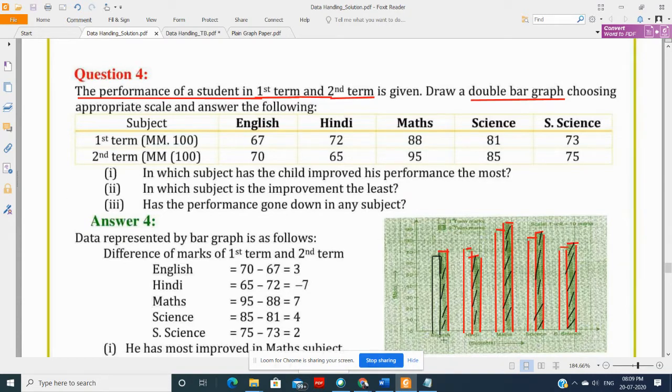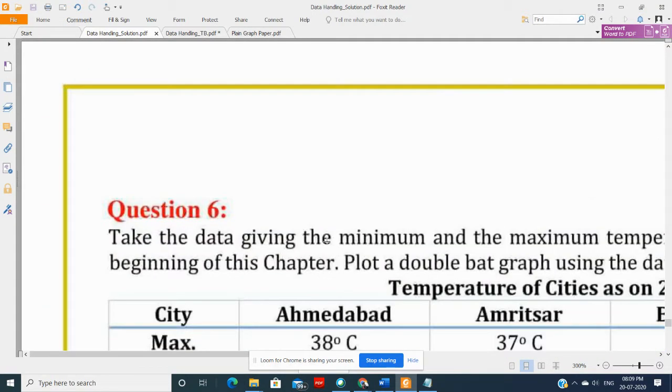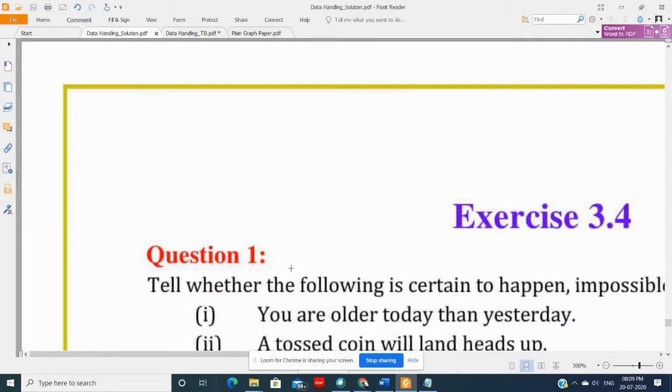Basically 2 boxes will be used for the whole subject including first and second term. Apart from scale and heading, one more important thing you need to mention is which bar is showing what. For example, let me show you.